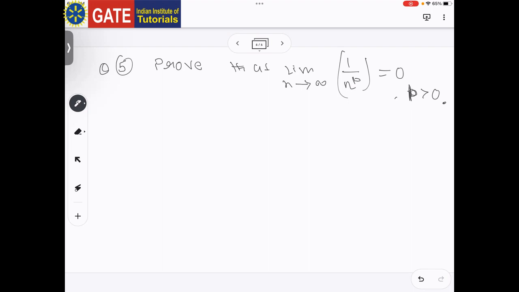Sir, N is to be the greatest integer of (1/epsilon)^p. Yeah. So (1/n)^p is lesser than epsilon. Then 1/n is lesser than epsilon^(1/p), since p is greater than 0. So from here n is greater than 1/epsilon^(1/p). So your capital N has to be 1/epsilon^(1/p).